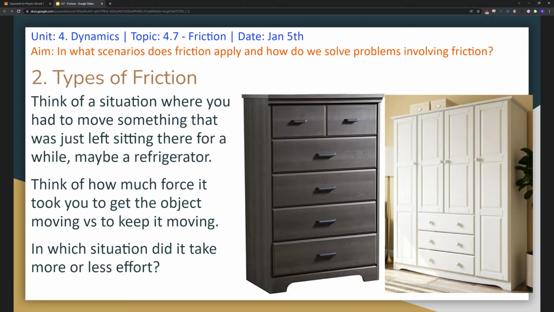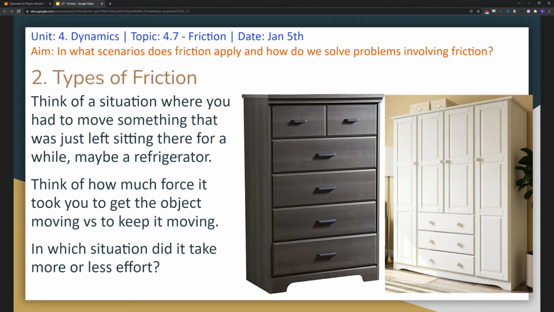Personally, I can always tell that it's hard to get an object to start moving because it feels like the object is stuck there, but once I get it moving, it takes a lot less force to keep it moving. I'm sure if you've ever had to move an object, maybe you've experienced this.